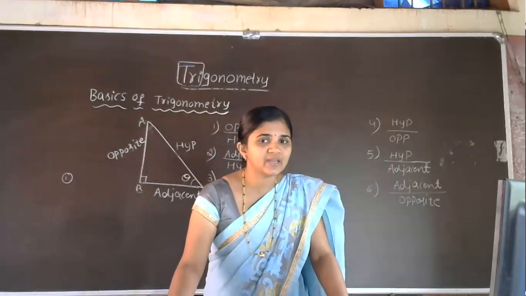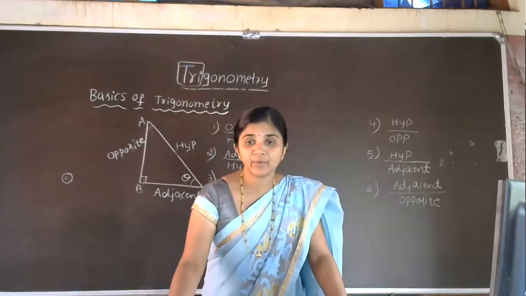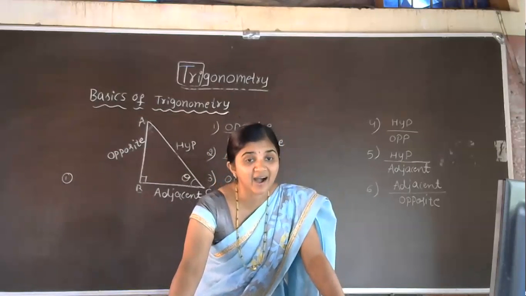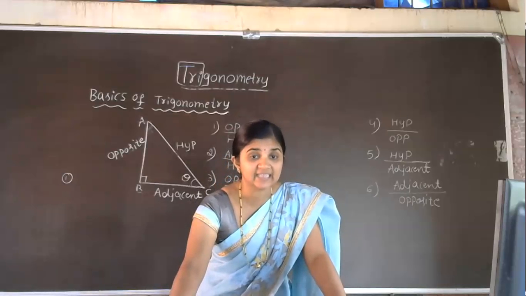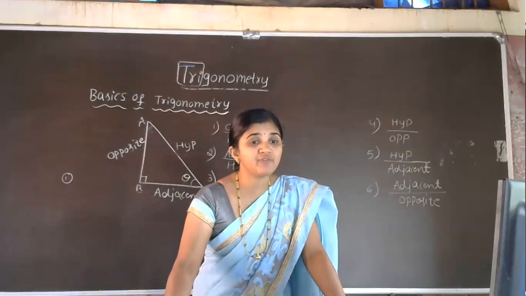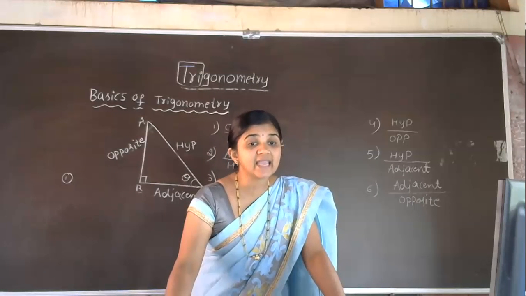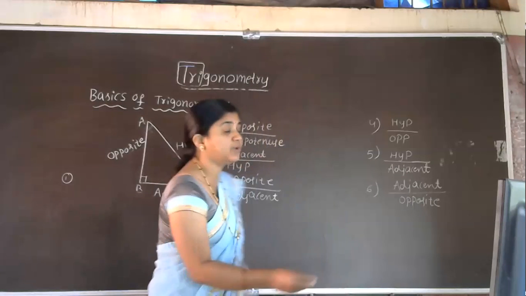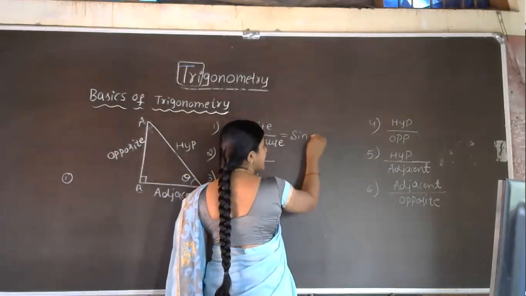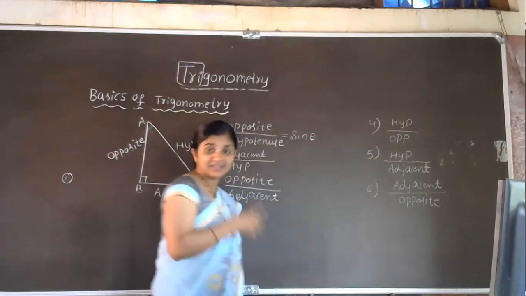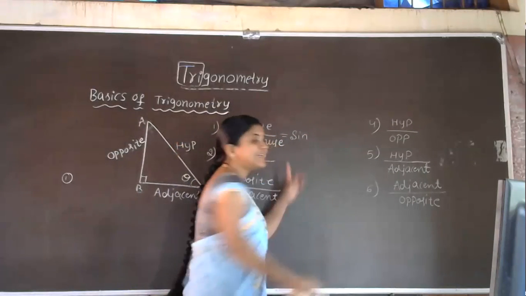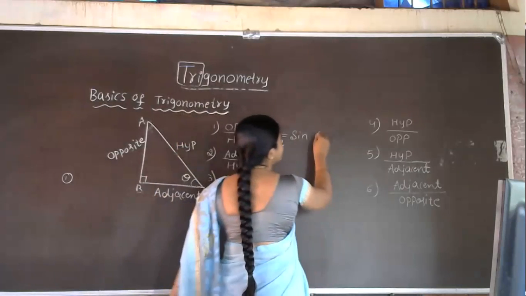Opposite by hypotenuse is named as sine of angle theta. S-I-N-E, sine. So the mathematician gave the name sine for this ratio. In short form we use sin theta.